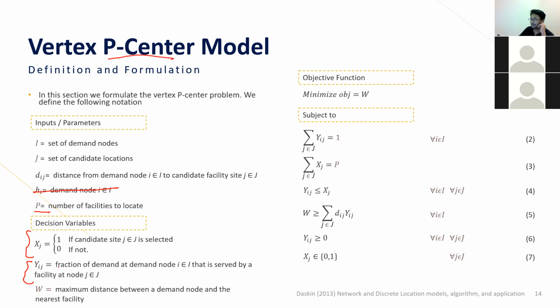So yij here represents the fraction of demand at node I served by facility J. So it's like a percentage of demand. Let's say you have 10 demand here. Here you allocate xj equal 1.